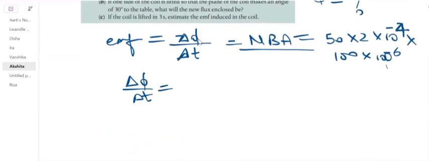Okay, 50 into 10 to the power minus 6 Tesla. A is how much? 2 into 10 raised to minus 4.